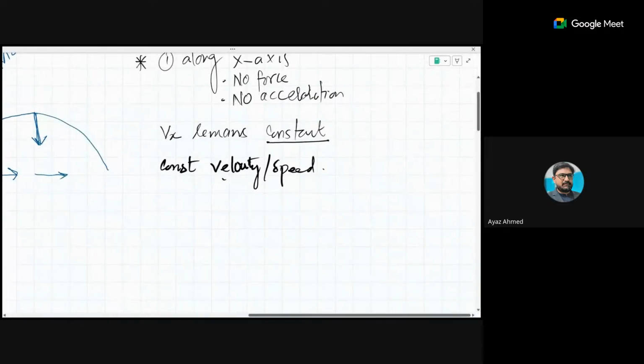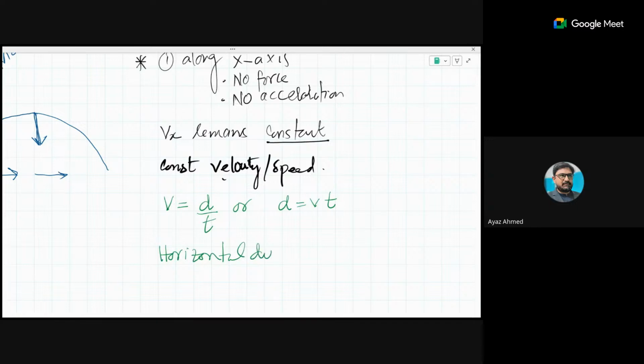So what do you think we learned when an object is moving with constant speed? We can use v = d/t, or d = vt. So whenever you calculate the horizontal distance for the projectile, the horizontal distance is equal to u cos theta into time taken.